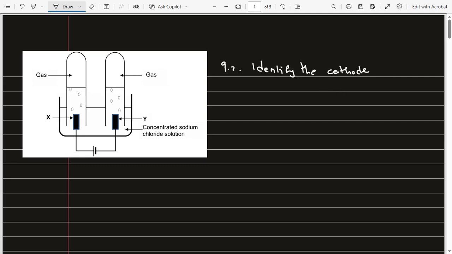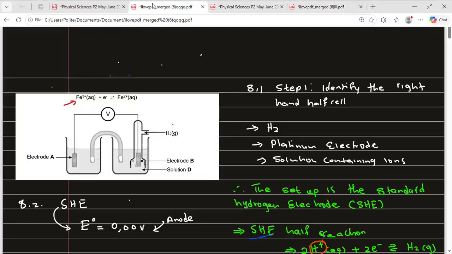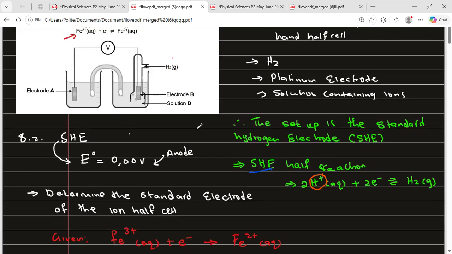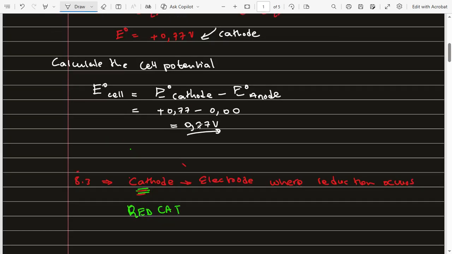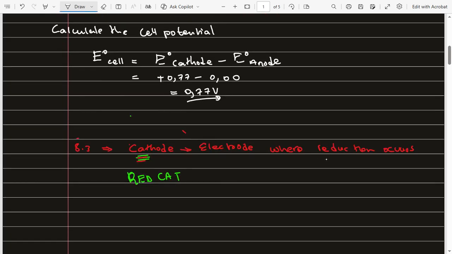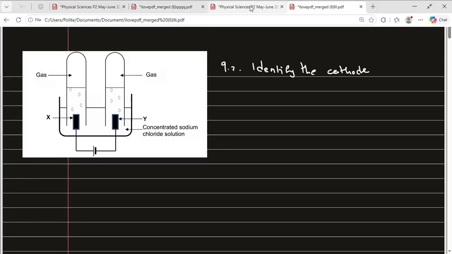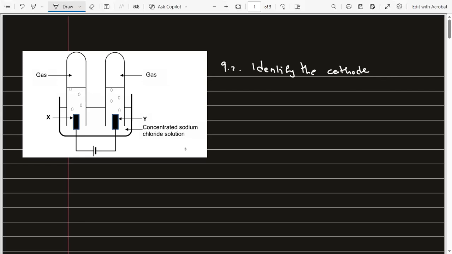the reason I want to identify the cathode, if you still remember from our previous question, is that the cathode is where the reduction occurs. If you can manage to identify which one is the cathode, then you are good to go. So how are you going to do that? Let me give you steps.